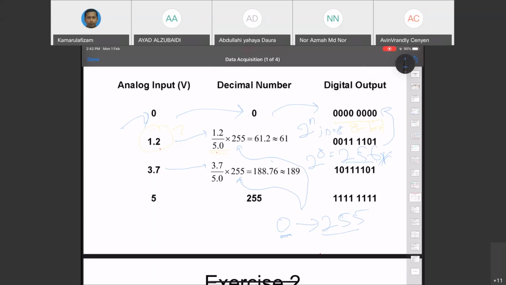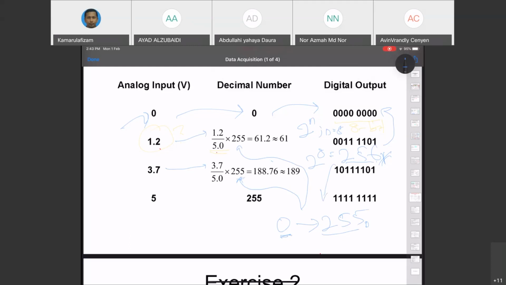The exact number of levels is 256, but for the calculation you have to use the maximum decimal value, which is 0 to 255. Again, the number of levels is 256, but to convert the value you need to use the maximum decimal value, 255. That's why they are using 255 for conversion.